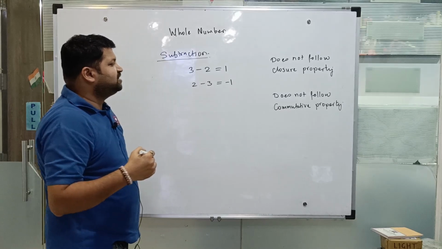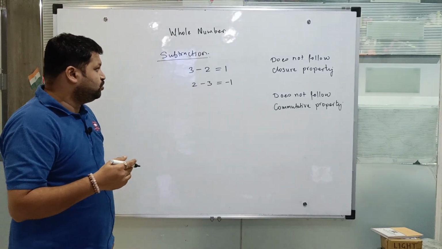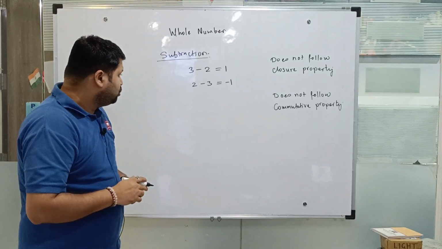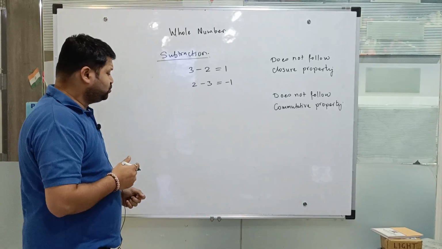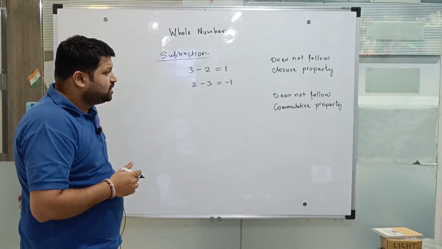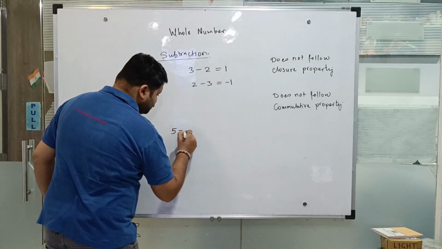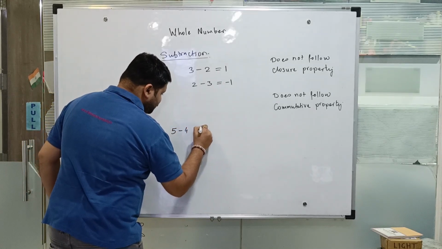Then the next thing is whether it follows the associative property or not. Let us see, say 5 minus 4 minus 3.